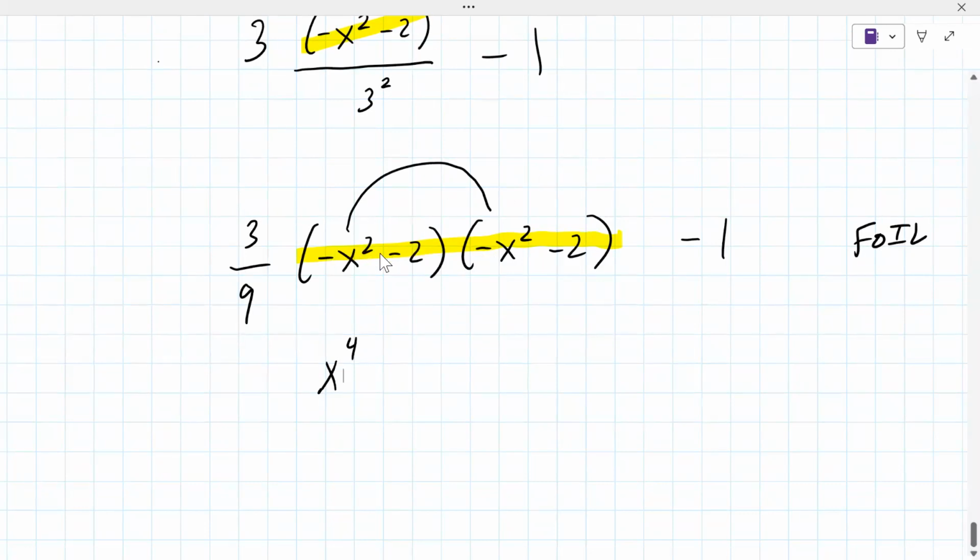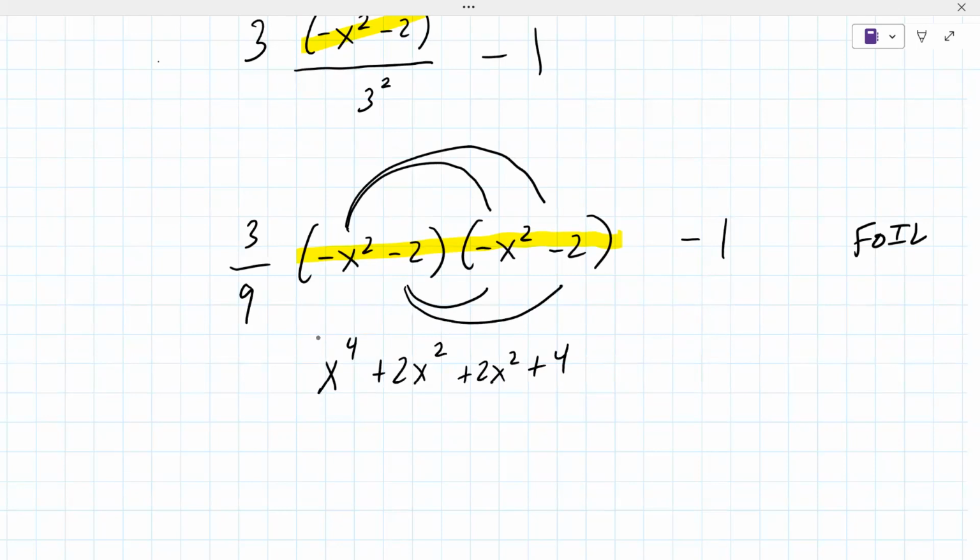The two negatives cancel. X squared times x squared, you add the exponents. Then the outside is minus x squared times minus 2, so plus 2x squared. The inside is plus 2x squared, and then the last is minus 2 times minus 2, which is plus 4.